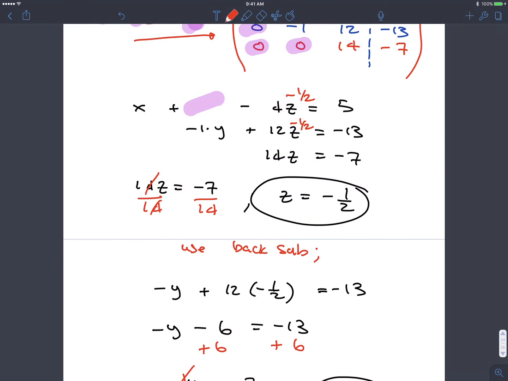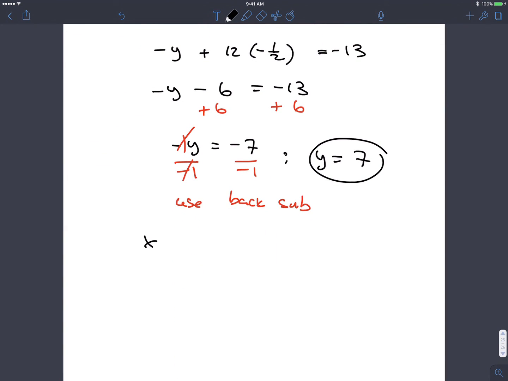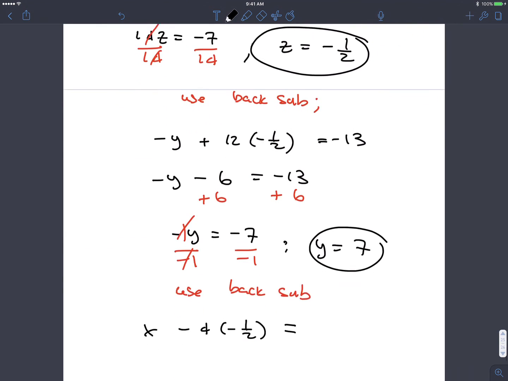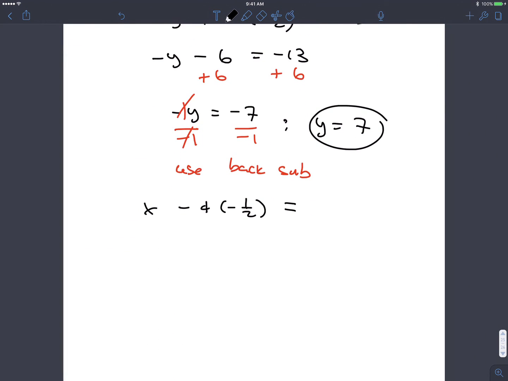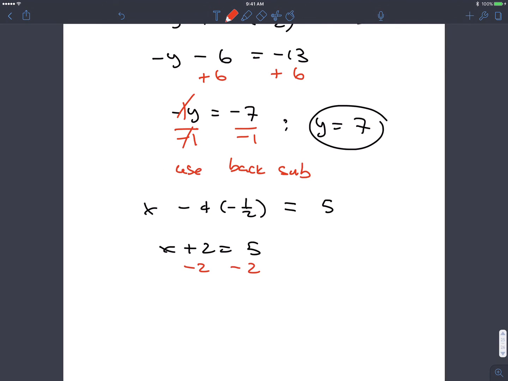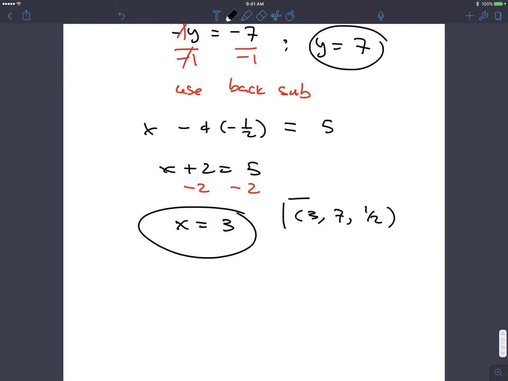So we get x minus 4 times -1/2 is 5, or x plus 2 is 5. Subtract 2, and we end up with x being positive 3. So we get the triple 3, 7, -1/2 as our solution. This is our point of intersection in 3-space.